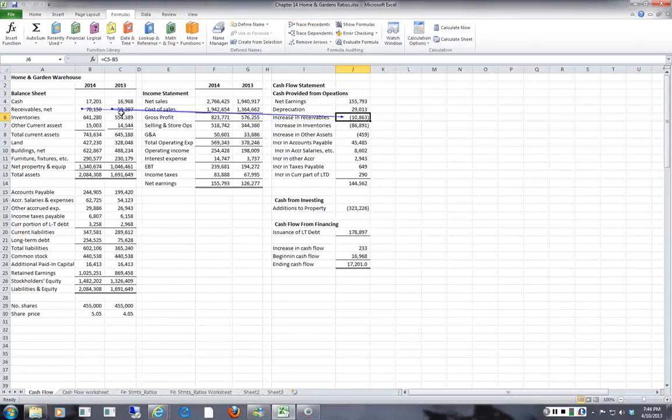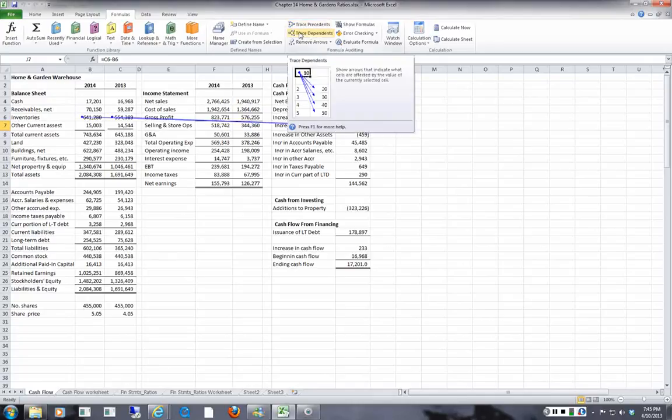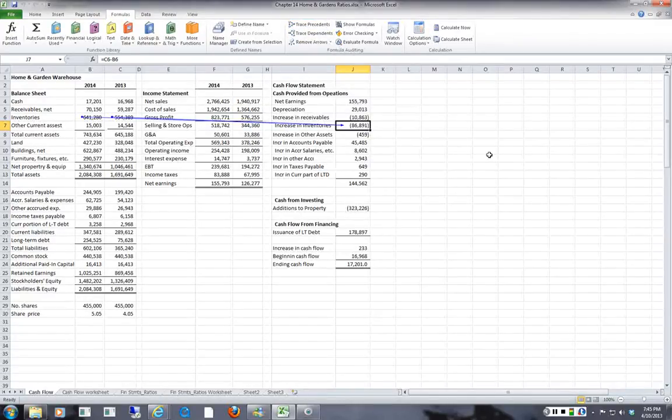Next we have receivables has increased, and so we have to deduct that increase. You can see receivables has gone from $59,287 in 2013 to $70,115 in 2014. So that's an increase in receivables, which decreases the cash flow. Okay, and the next one is there's a healthy increase in inventory, going from $554,389 to $641,280.